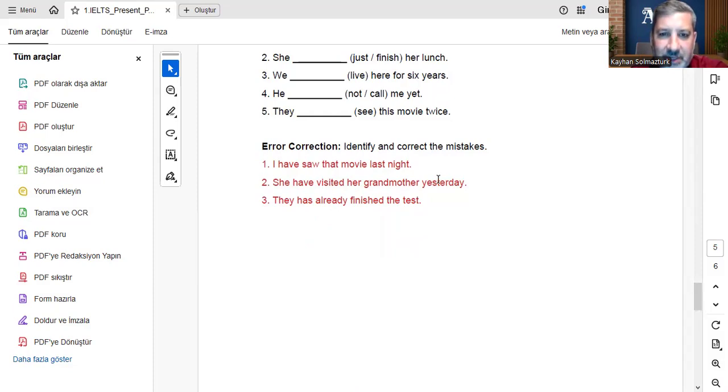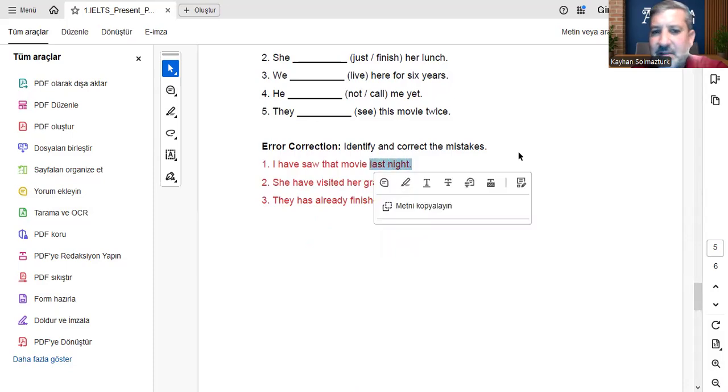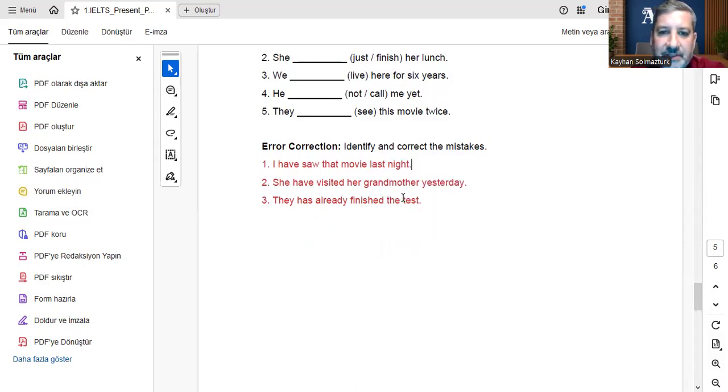Okay, so it says last night. This time expression is about the simple past. We use all the time expressions that start with last, the adjective last, with simple past. Last week, verb two in simple past. So here we can remove have and only leave saw.